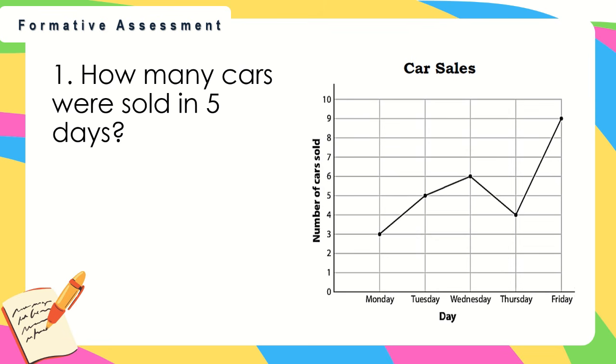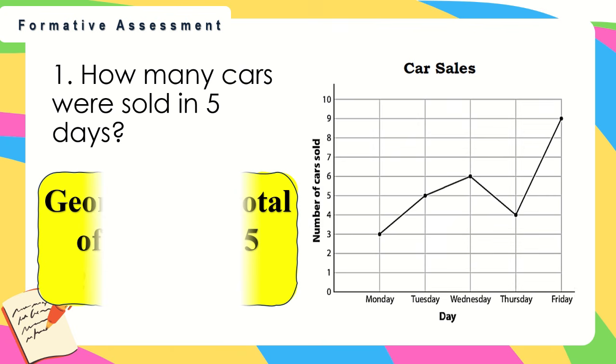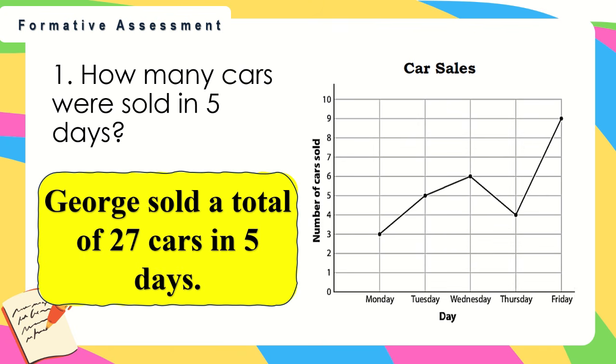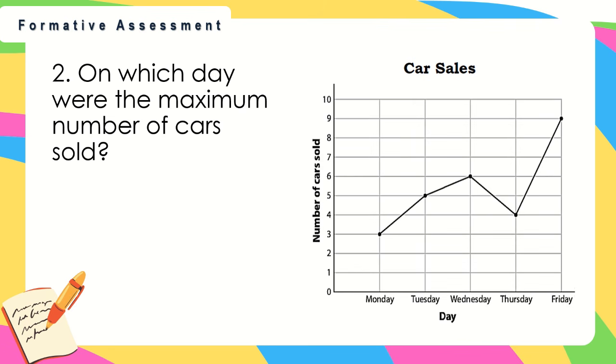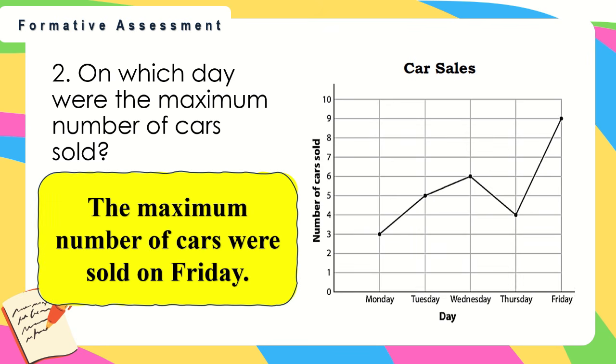Let us now answer. How many cars were sold in 5 days? You're right. George sold a total of 27 cars in 5 days. On which day were the maximum number of cars sold? Very good.